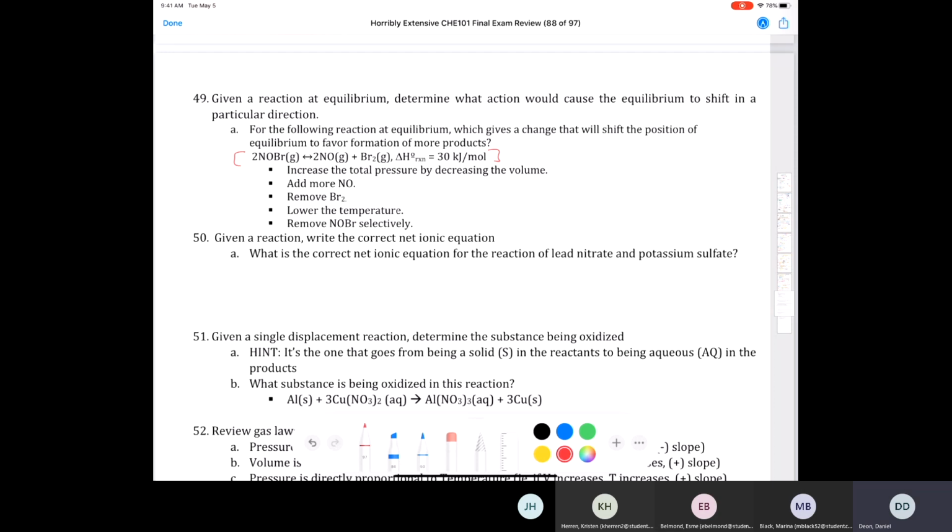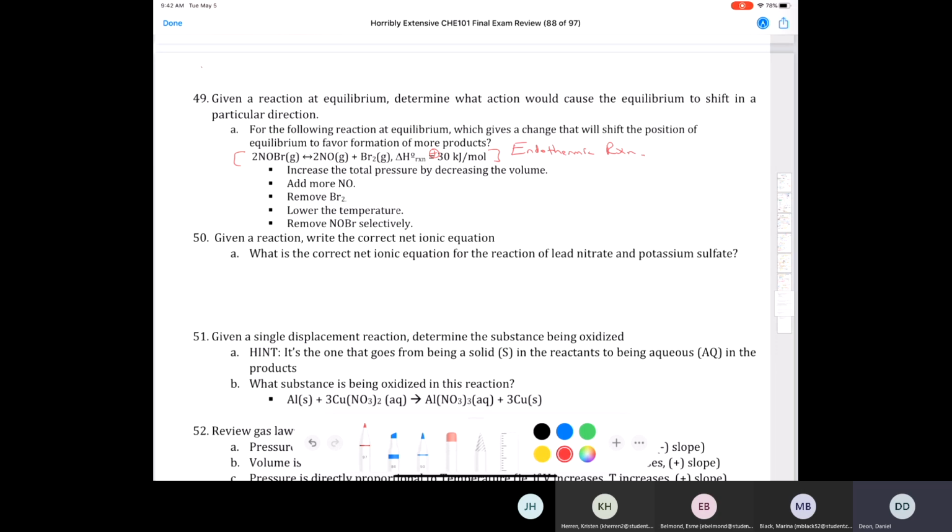Well, let's take a look here. If my delta H is a positive value, this means this is an endothermic reaction. So the energy is a reactant. You have to put energy in to make this reaction proceed.